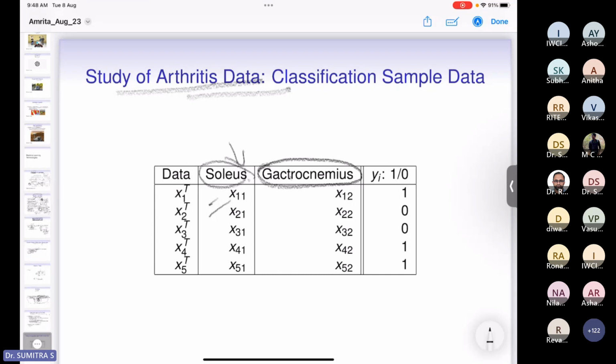There are 5 data points, and from each one we have collected the EMG patterns. So the number of attributes here is 2, and the cardinality of the set is 5. Each data point is a vector of length 2.